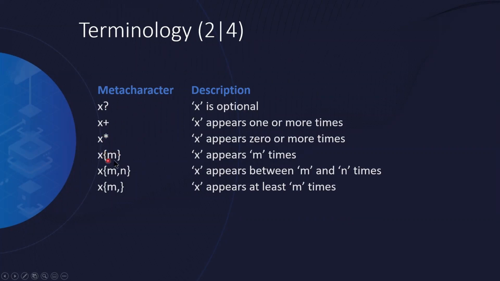The brace with a number M means that it appears M times. M comma N means it appears between M and N times. And M with a comma but no N means that the character appears at least M times.